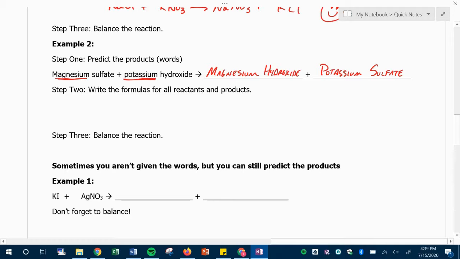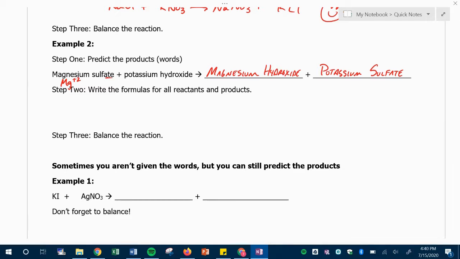Now let's go through and write out all of the formulas for our reactants and products. First up is listing all the charges. Magnesium is Mg, and the charge of it, because of where it is on the periodic table, is +2. Then sulfate is one of our polyatomic ions. If it helps, the "ate" ending gives that away, because if it was just a single element, most of the time it ends in "ide."